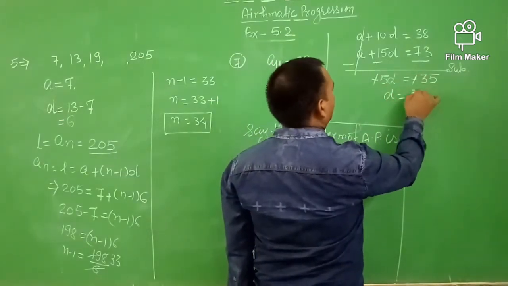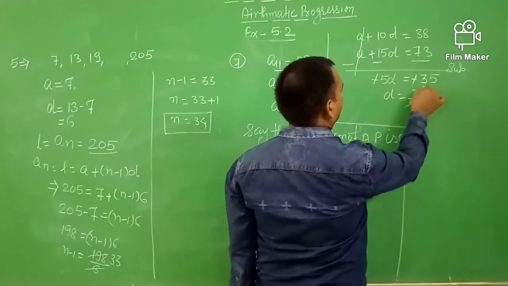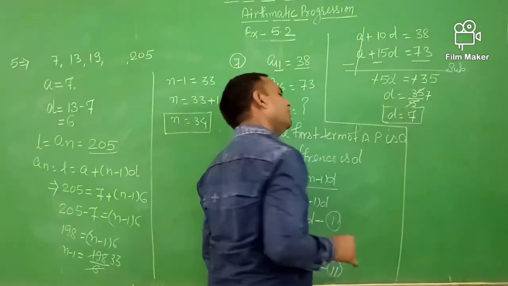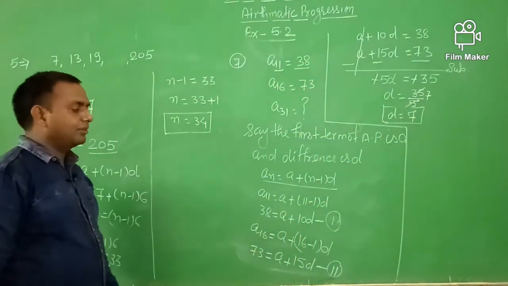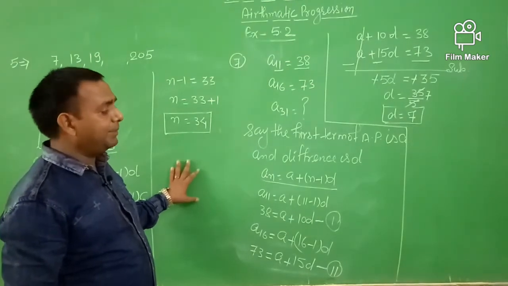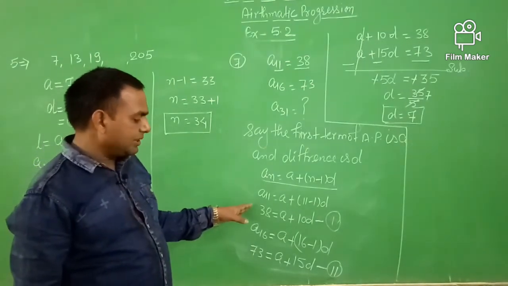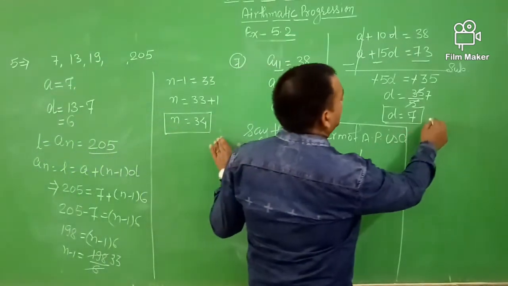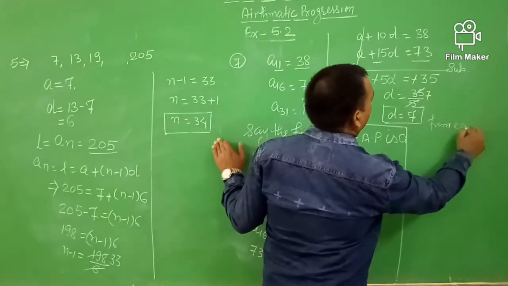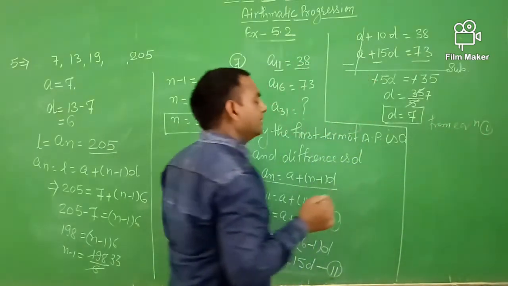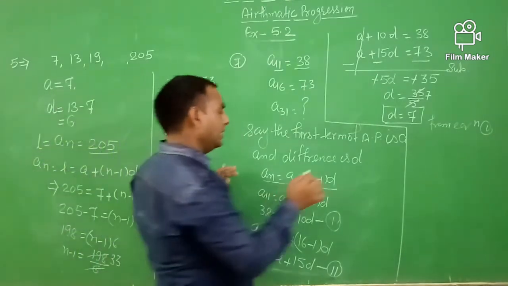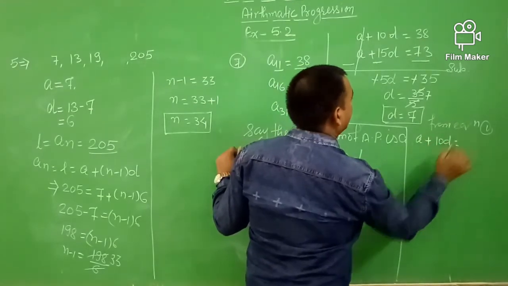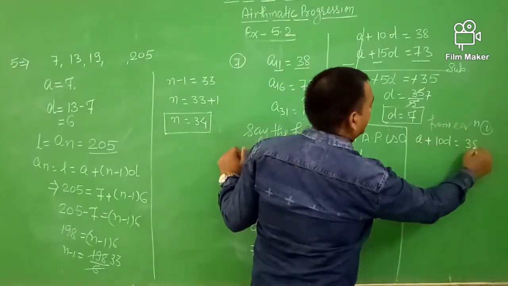d is equal to 35 divided by 5. 5 7s are 35. So d is equal to 7. The value of d is equal to 7. After you find the value of d, you put the value of d in any equation, either first or second, and you find the value of a. So from equation 1, if we take equation number 1, a plus 10d is equal to 38.